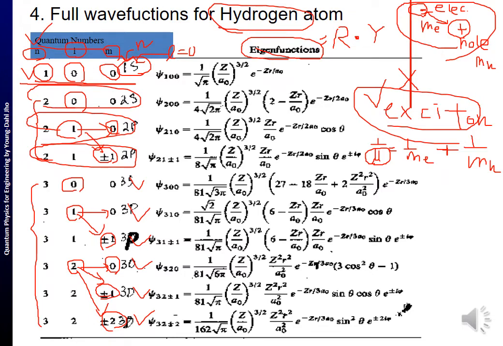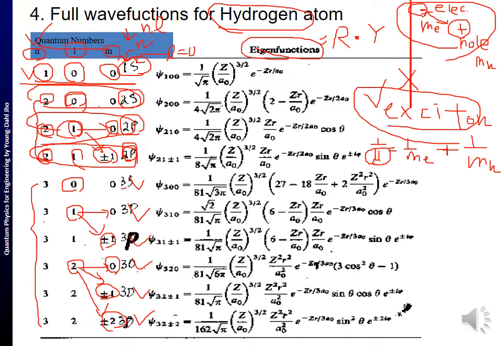Again, when n is 2 and l is 0, it is the 2s state. When n is 2 and l is 1, it's called 2p. So this name depends on n and l, right?